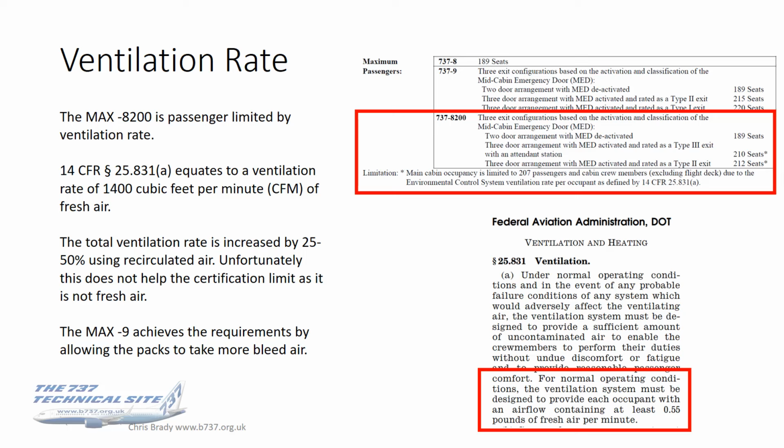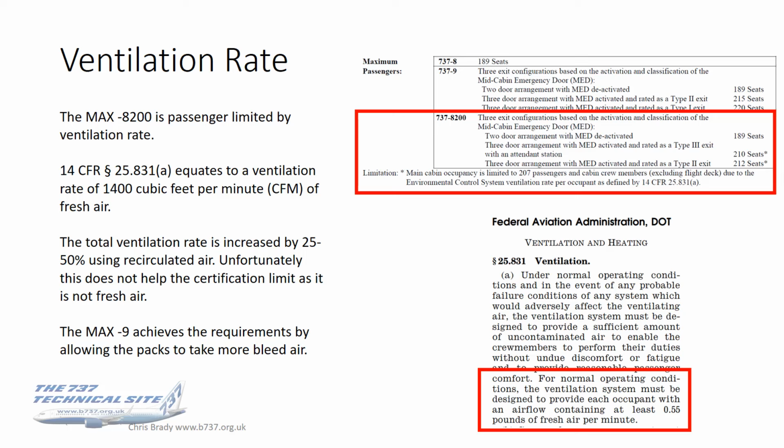So it's less than 207 passengers because you need a certain number of cabin crew, excluding flight deck, due to the environmental control system ventilation rate per occupant as defined by 14 CFR 25.831(a).